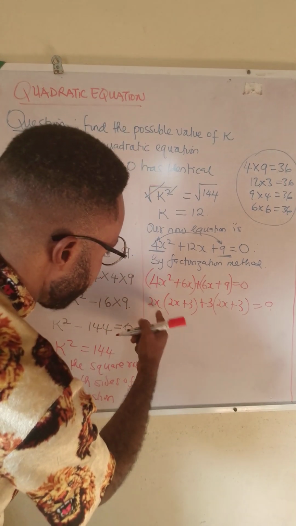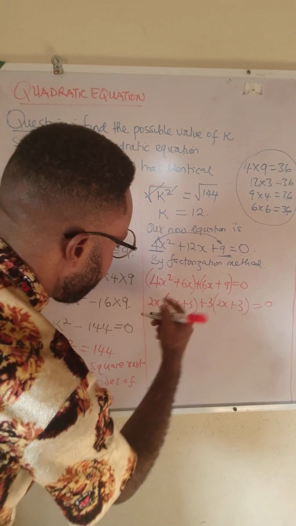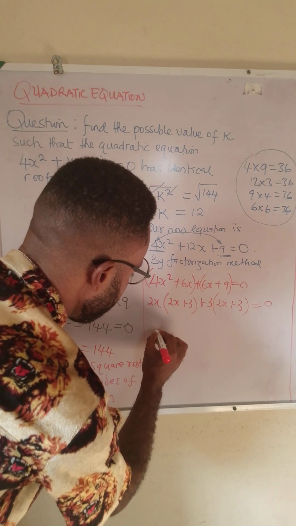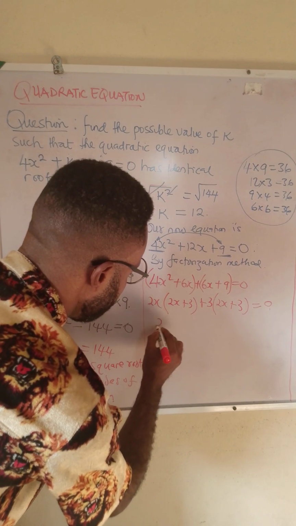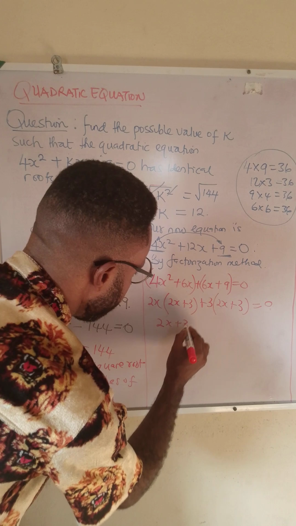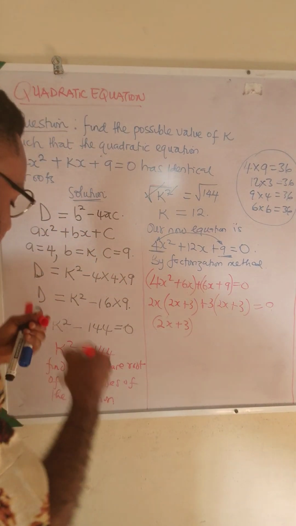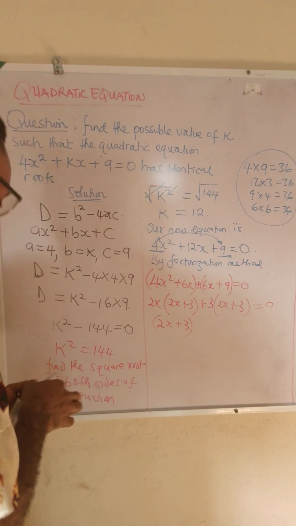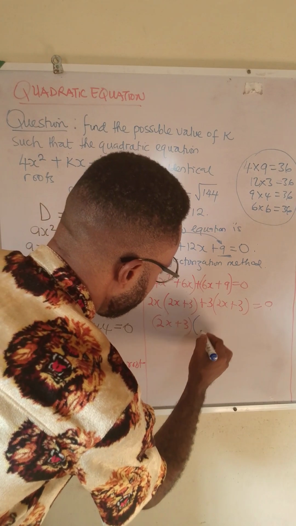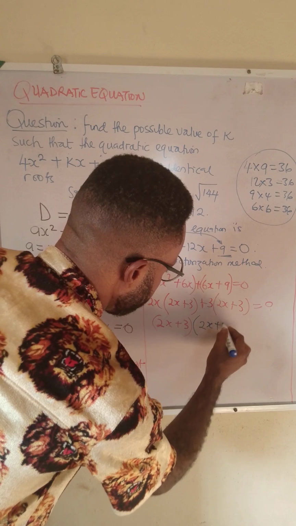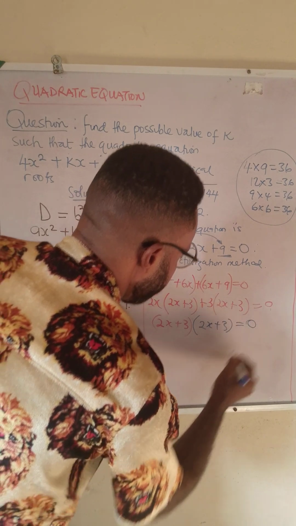So if you look at it, we have 2x plus 3 outside, so we take the outside numbers, 2x plus 3. And what we have inside the bracket is still the same, so we take 1. So this will be 2x plus 3 equal to 0.